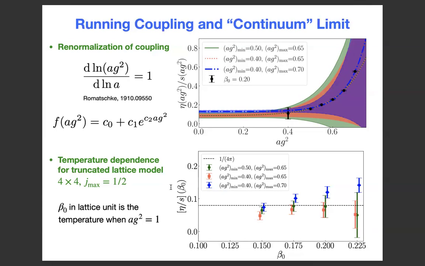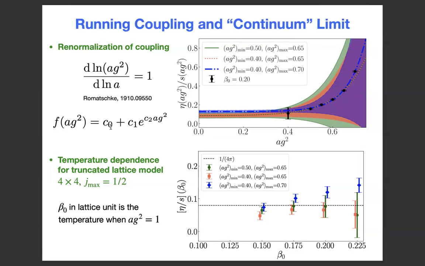And then we try to extrapolate towards zero coupling. According to asymptotic freedom, zero coupling here corresponds to zero lattice spacing, which is the continuum limit. And the renormalization group in this particular example has been worked out in this paper. So we just use this ansatz and try to do a continuum extrapolation.